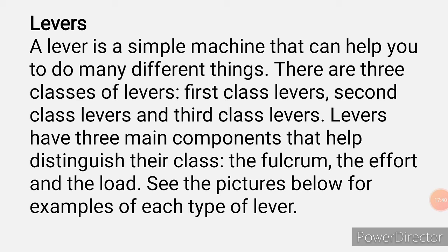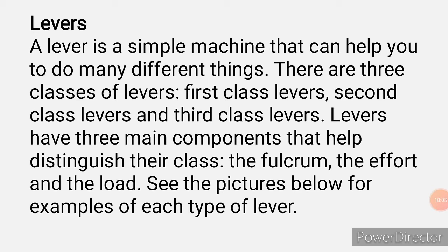Now a lever is a simple machine that can help you do many different things. Because levers do many different things, they are classified into three levers. You have the first class lever, the second class lever, and the third class lever. Every lever has three major components, although there are four.